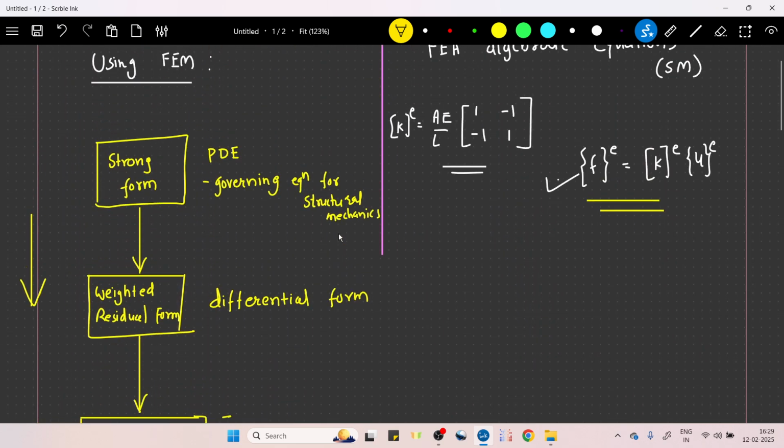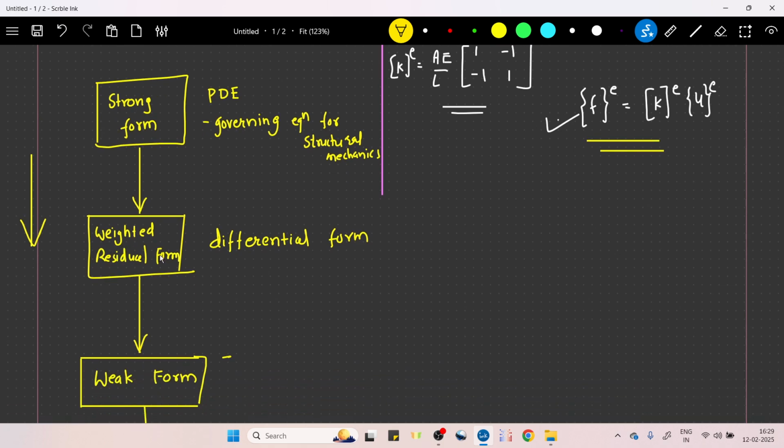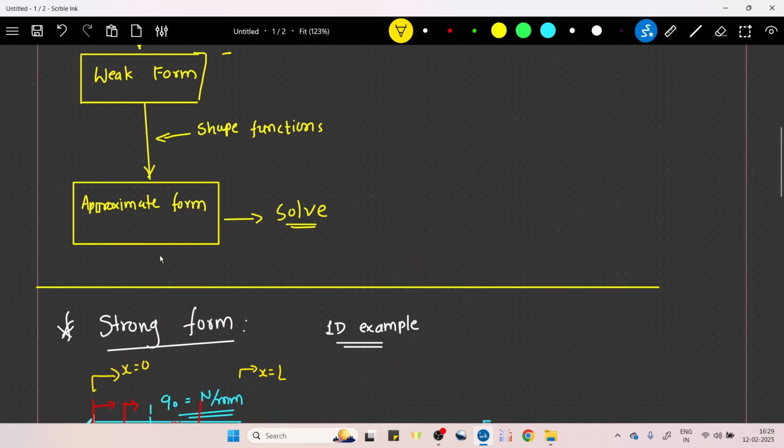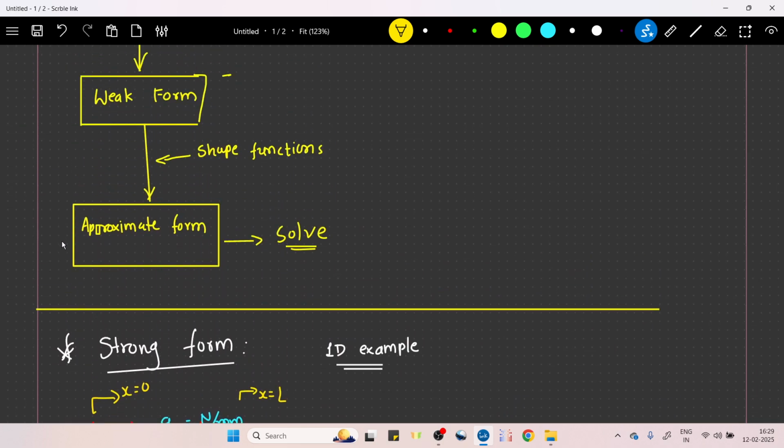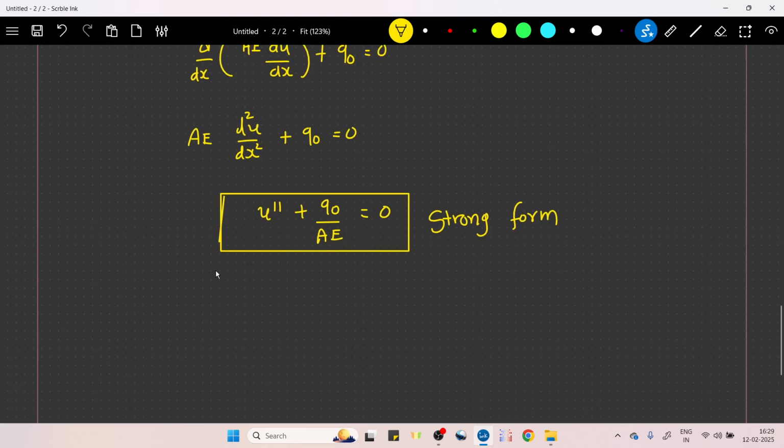And the next one is the weighted residual form. So before going to the weighted residual form and coming to the approximate form, which is nothing but the FEA equations, which finally we will get here, before going to FEM, we'll try to find the analytical solution for this strong form.